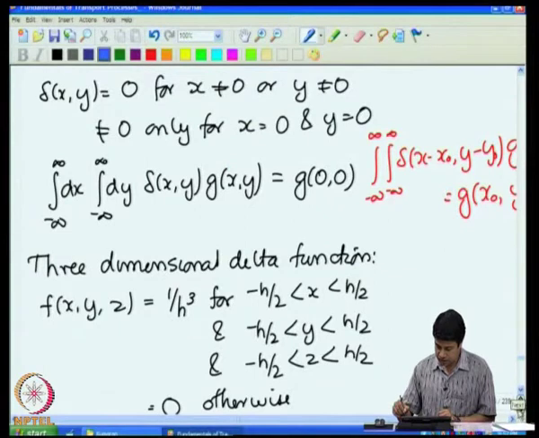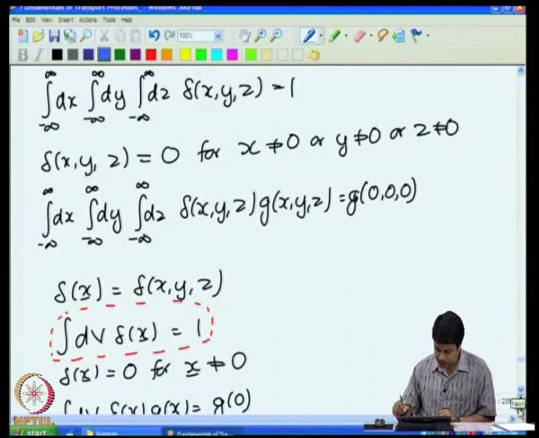Similarly, one can extend this to 2 and 3 dimensions. In the case of 3 dimensions, this delta function is 0 for x vector not equal to 0. That is, when simultaneously either x is not equal to 0 or y is not equal to 0 or z is not equal to 0. It is non-zero only at the origin, at x is equal to 0, y is equal to 0 and z is equal to 0.